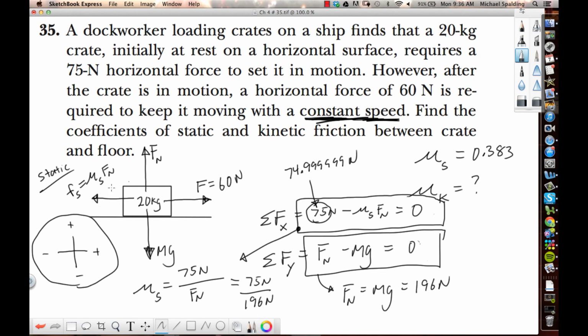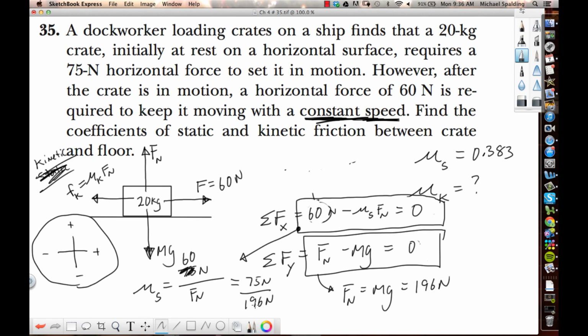And instead of friction static, erase the S and replace it with K. This is now kinetic, meaning in motion. It's the exact same setup, only the force changes. Less force is required to keep an object in motion. More force is required to overcome the friction. So just replace the 75 with 60.